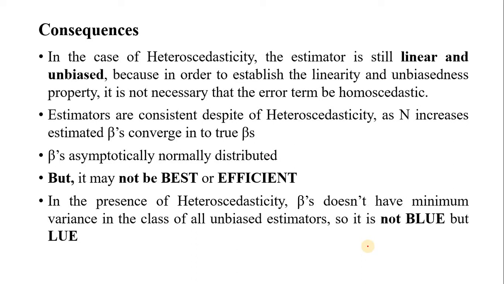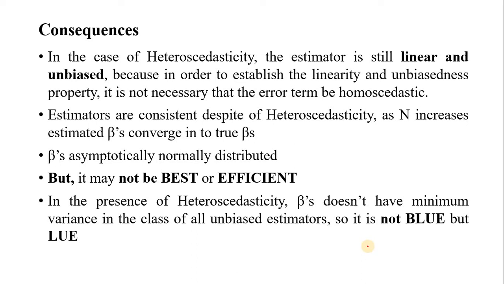Similarly, estimators will remain consistent: as n increases, estimated beta values will converge to true beta values, because to prove consistency we also don't need homoscedastic errors.